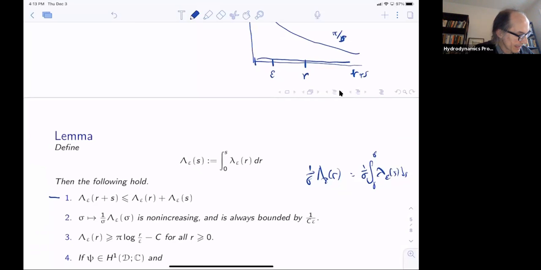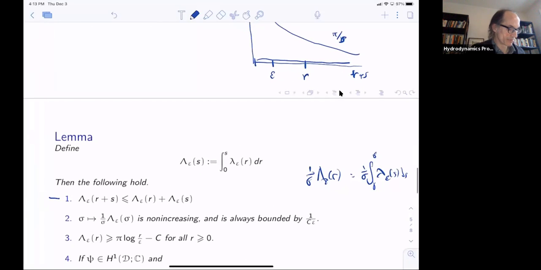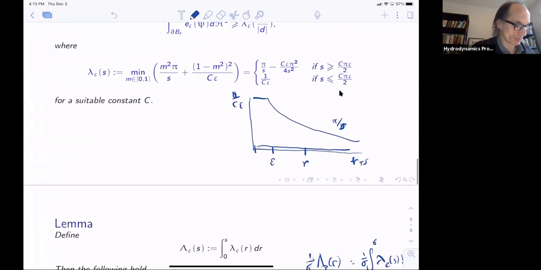Then it's easy to verify that this lambda epsilon is always bigger than pi log r over epsilon minus a constant C. If I integrate this thing here, I'll get a constant, C pi epsilon over 2 times 1 over C epsilon, so I'll get a one half, I guess.